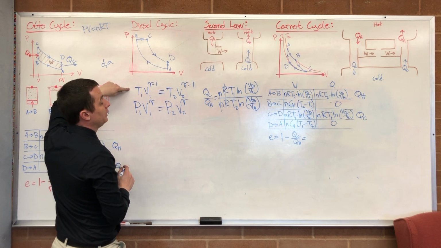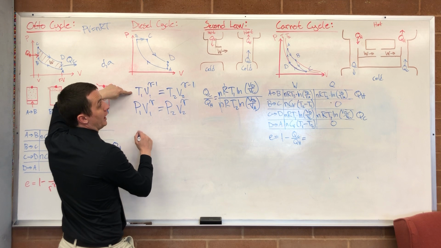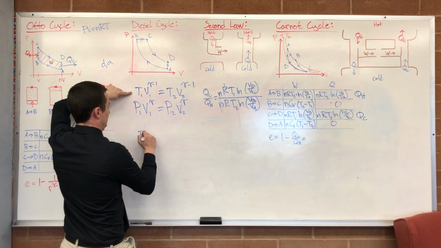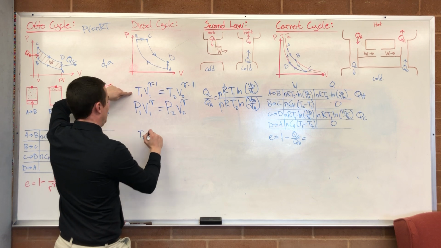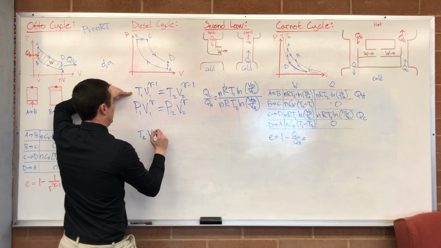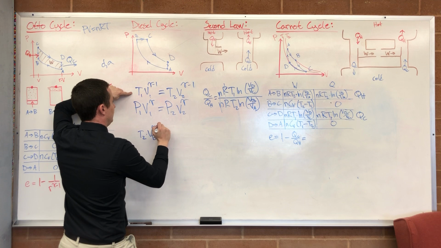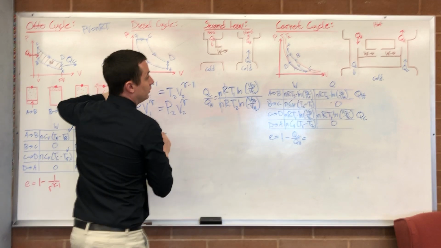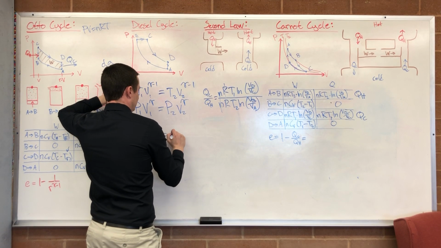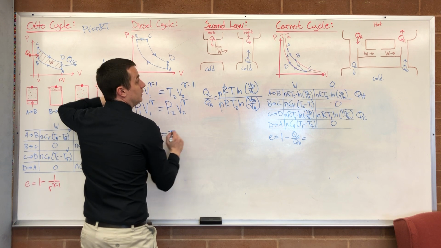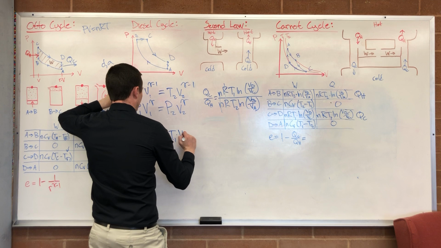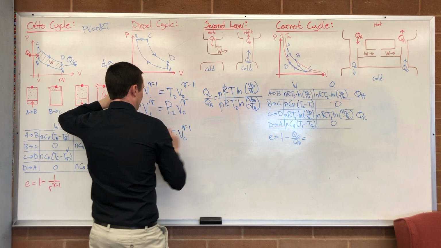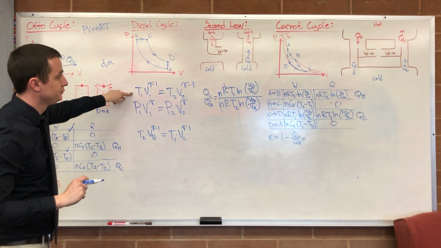Yes. So B to C, we have the temperature at B, which is T2, times the volume at B to the gamma minus 1, is equal to the temperature at C, which is T1, times the volume at C to the gamma minus 1, right? Okay.